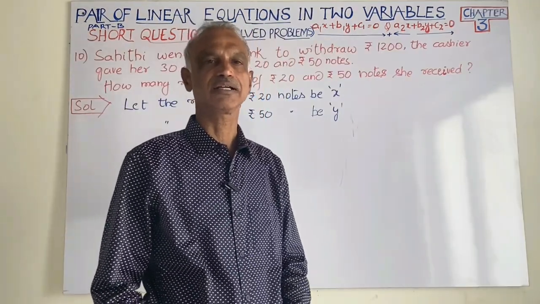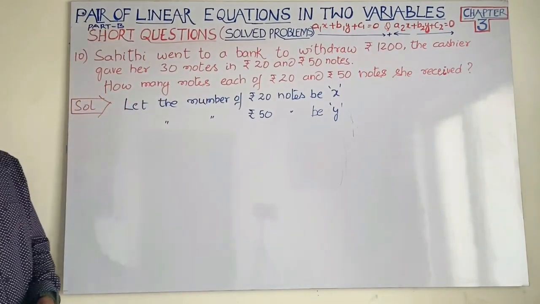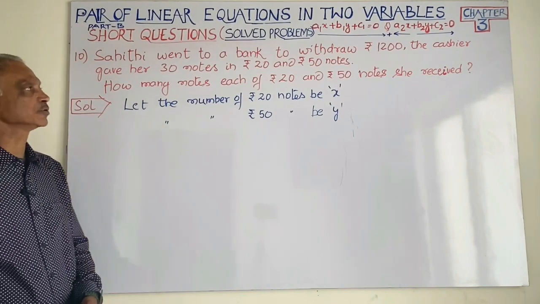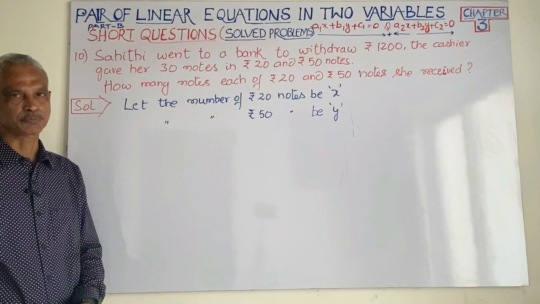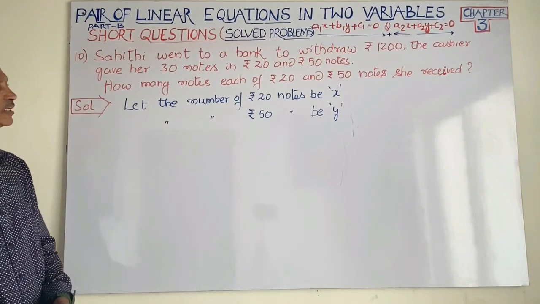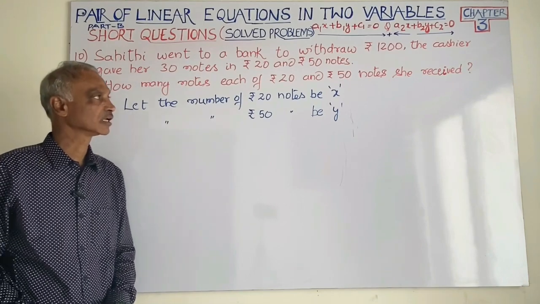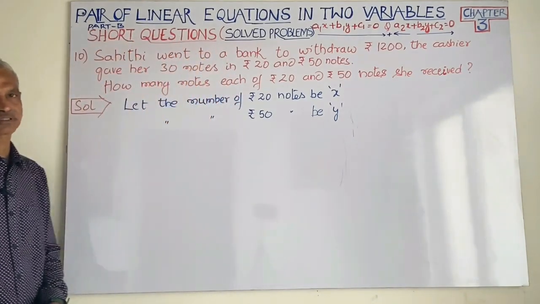Now, what is the 10th problem? Sahiti went to a bank to withdraw 1200 rupees. The cashier gave her 30 notes in 20 rupees and 50 rupees notes. How many notes each of 20 rupees and 50 rupees did she receive?